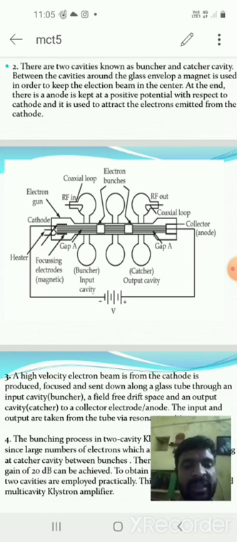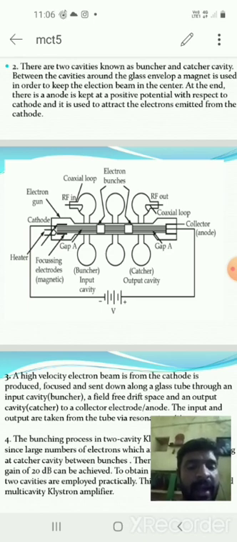The electrons are transmitted from cathode to collector at very high velocities. When the RF signals touch the electrons, the RF signals absorb the energy from the electrons, and the RF signal is amplified and transmitted through the electrons towards gap A to gap C. Here the RF signals are transmitted from the buncher cavity to the catcher cavity.